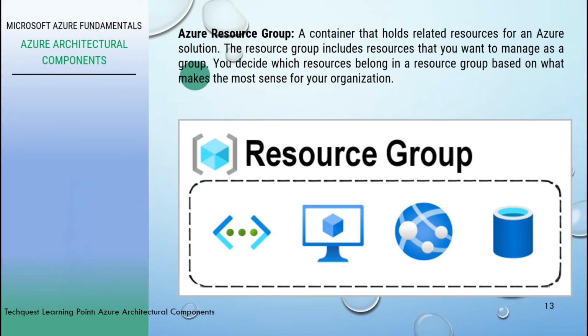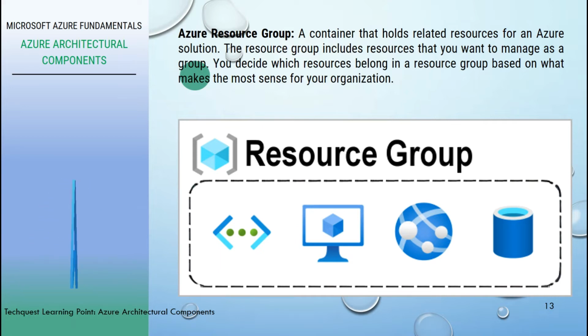It is important to keep in mind that all resources must be in a resource group, and a resource can only be a member of a single resource group. Many resources can be moved between resource groups, with some services having specific limitations or requirements to move. Resource groups cannot be nested.